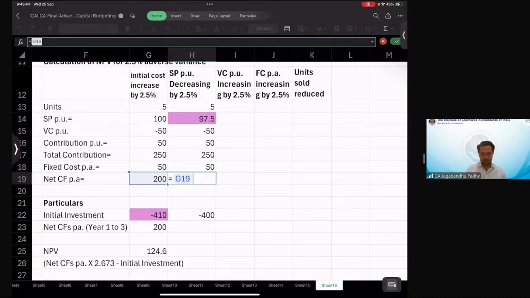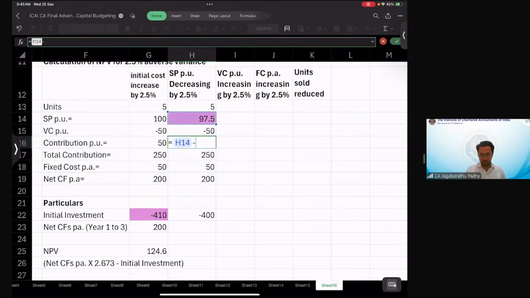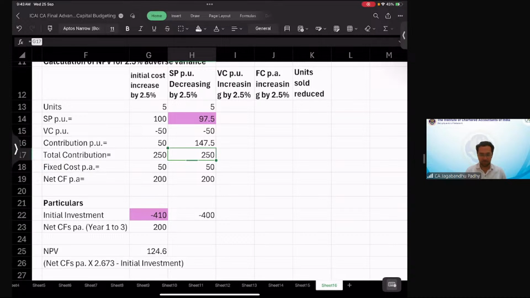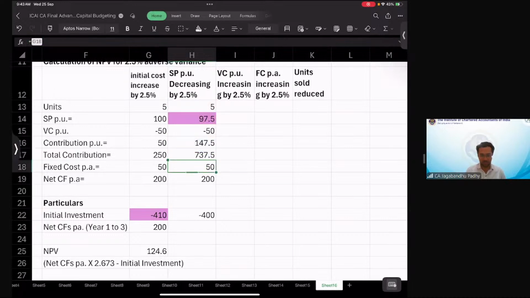Now, what will be the net cash flow that we have? The contribution is definitely going to be selling price minus variable cost. So total contribution will be contribution multiplied by number of units.